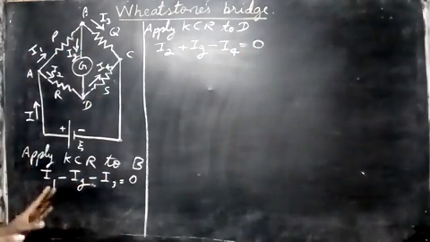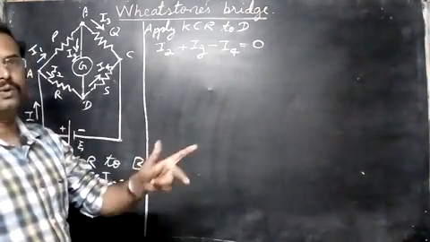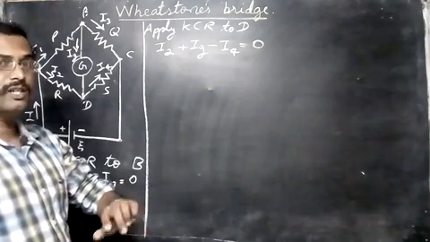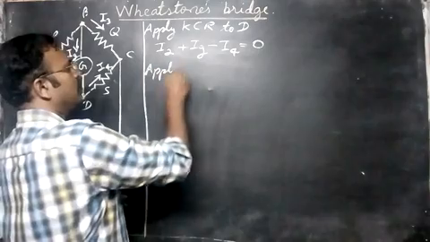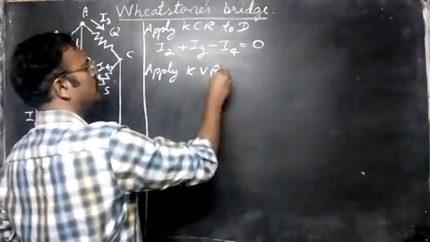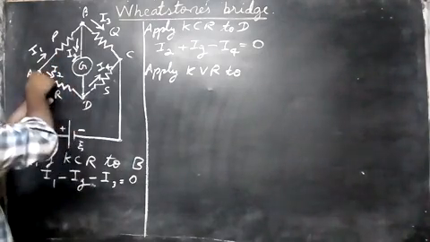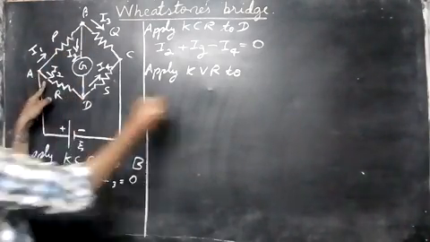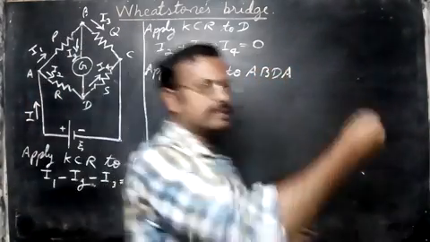Very simple only. Now we must apply Kirchhoff's second rule, also called Kirchhoff's voltage rule. We must take a loop here. I'll take this loop A, B, D, A. Now we'll go this side, so it's easier to see.